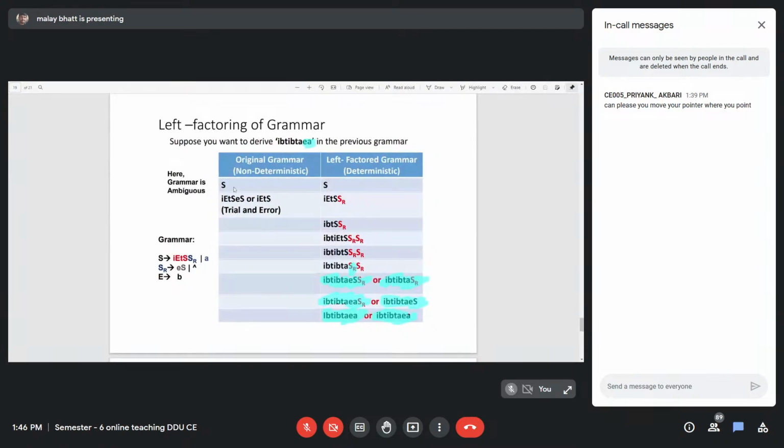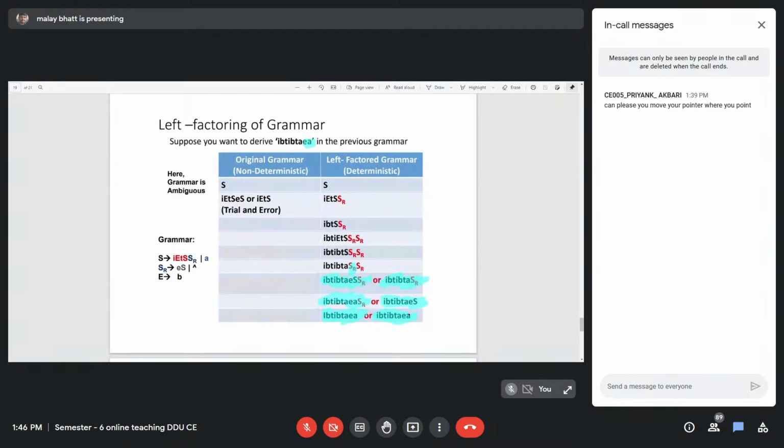If you use the original grammar, with IETS, ES, or IETS, we again have to do trial and error, and any one of the paths will succeed. Now let us see how we can use a left factored grammar to achieve the goal.